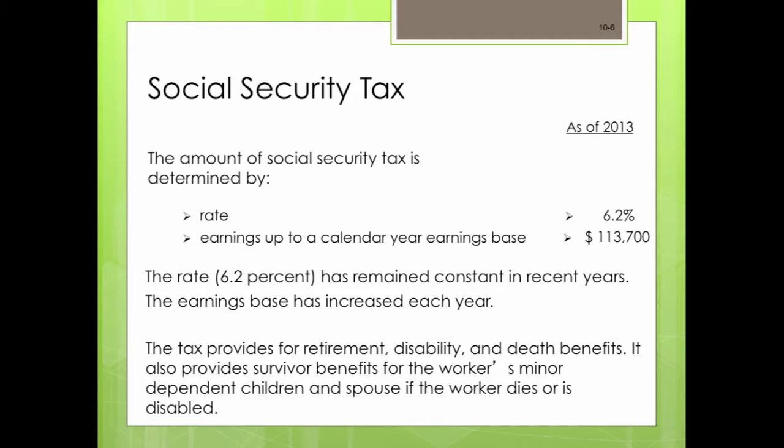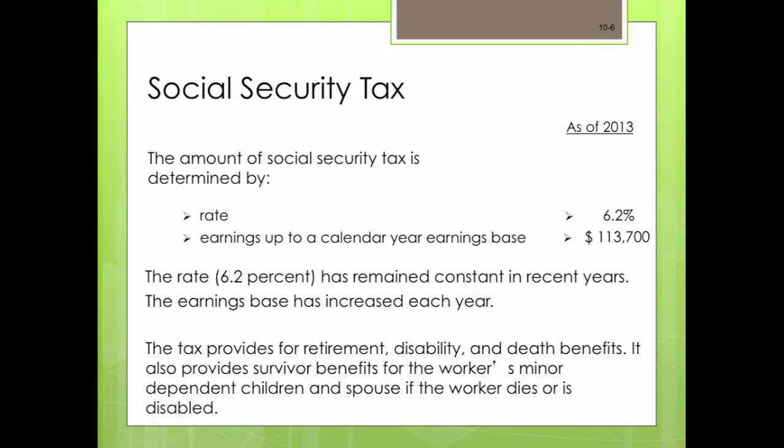The Social Security Old Age Survivors and Disability Insurance provides benefits for employees and their families, including retirement benefits when a worker reaches the eligible retirement age, benefits for the dependents of a retired worker, and benefits for the worker and the worker's dependents when a worker is disabled. The Social Security Act also provides benefits for a surviving spouse and minor dependent children in the event that a worker dies.